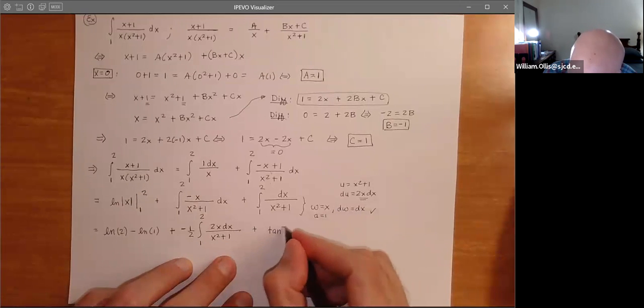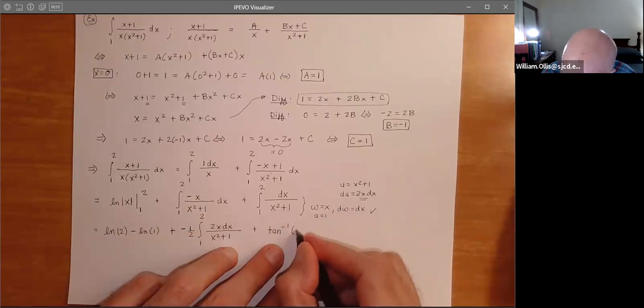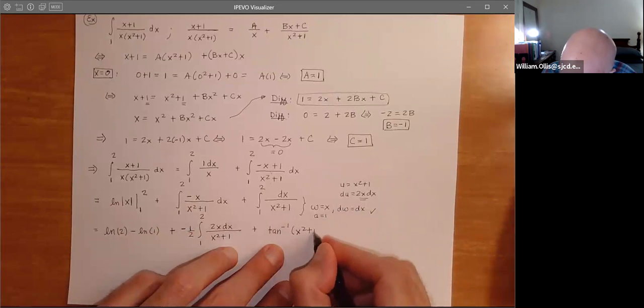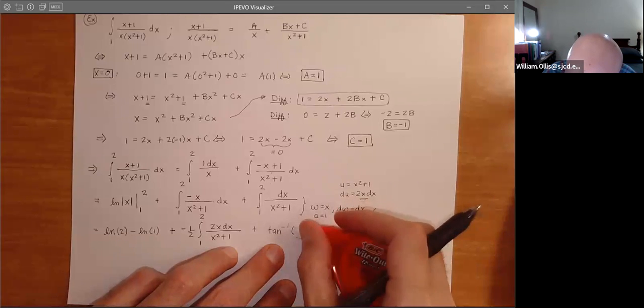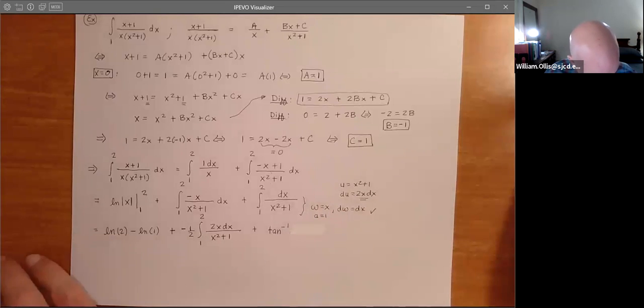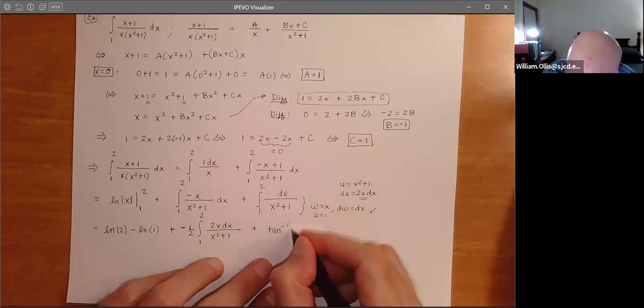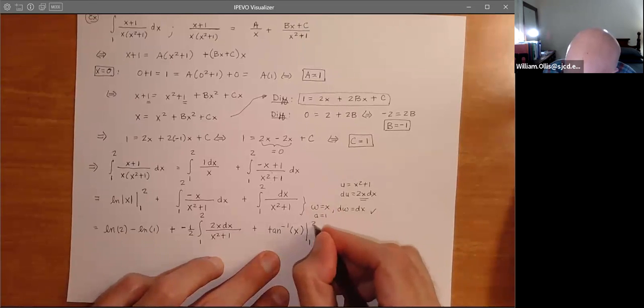So we have inverse tangent, 1 over a, and then this will just give us what? Oh, sorry, x. And then we'll evaluate from 1 to 2.